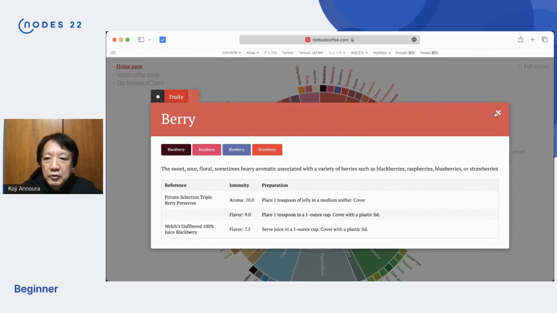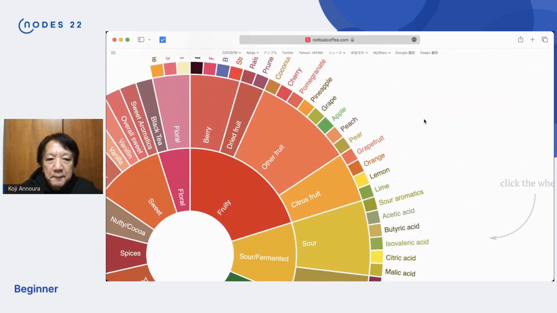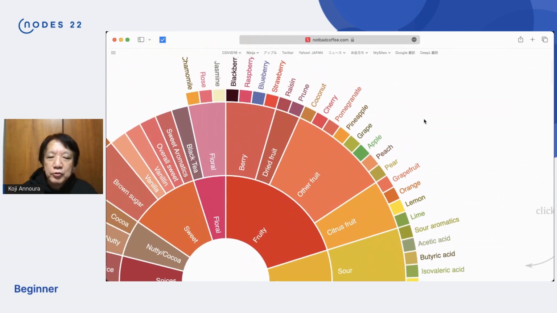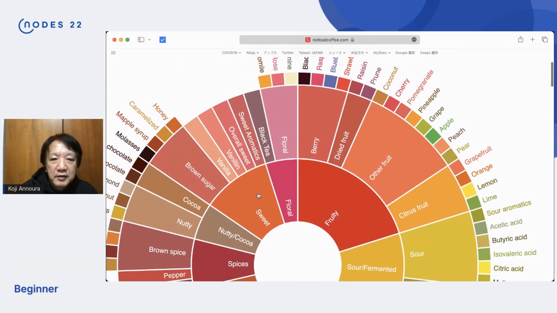You will see how to describe fruity or berry or dried fruits or other fruits, and sweet aromatics or sweet something.